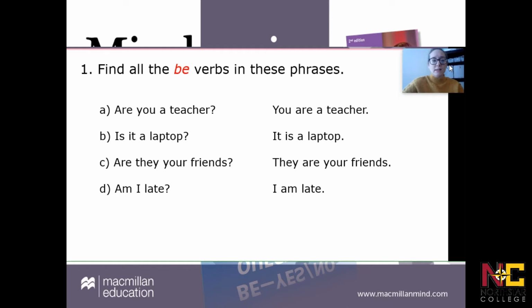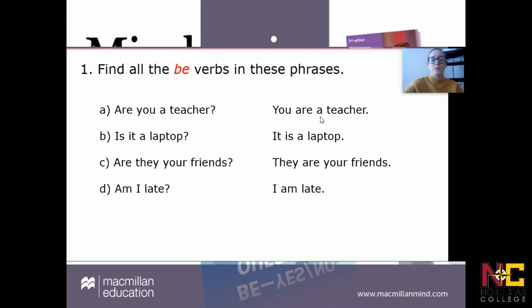So this one says, number one, find all the be verbs in these phrases. So we have A, B, C, and D. Letter A says, are you a teacher? Here it says, you are a teacher.